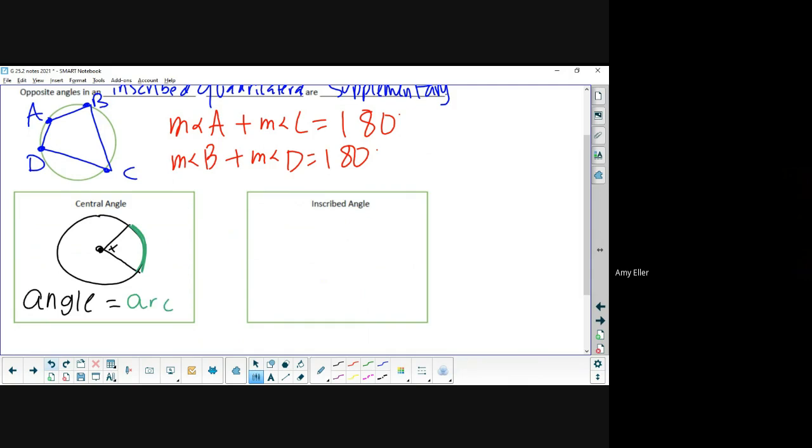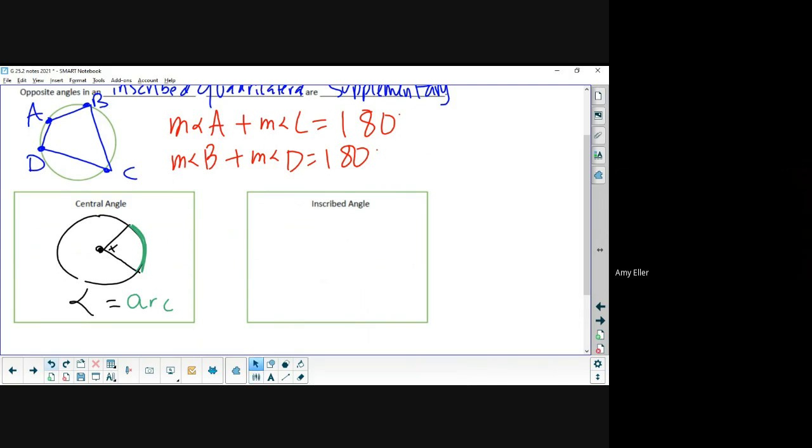If the angle is 10, the arc is 10. If the angle is 50, the arc is 50. The angle equals the arc. Sometimes instead of the word angle, I just draw the angle symbol. That is yesterday's lesson.